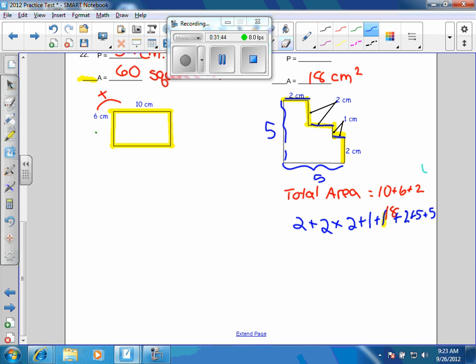So your perimeter is, what's 2 plus 2 plus 2? 6. Oh, that's a times sign. Well, it's a sideways plus there. Okay, plus 1 is 2. That's these. And what's 2 plus 5 plus 5? What does 2 plus 5 plus 5 add up to?